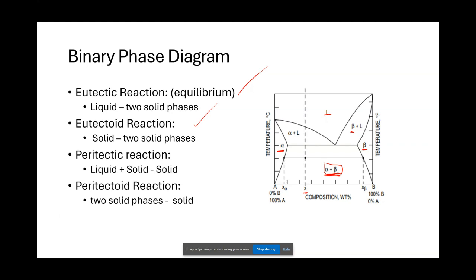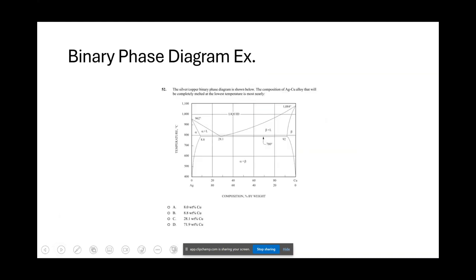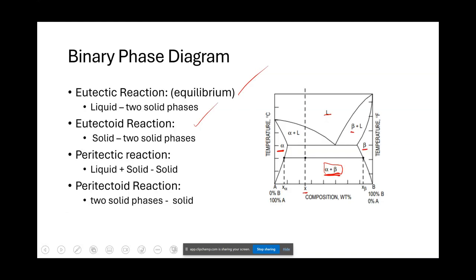With that information, we can go ahead and do a practice problem. In this case, we're looking for the lowest temperature at which the composition is completely melted. As I mentioned, the eutectic reaction is the complete liquid reaction. Whenever we're looking at a eutectic, we're also realizing that is the very beginning of the liquid phase.